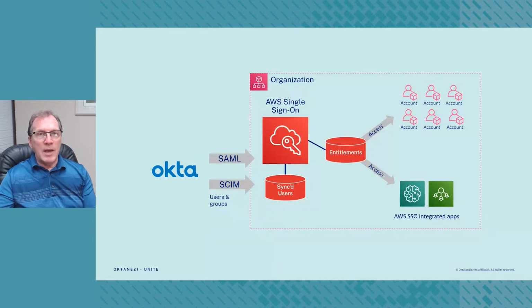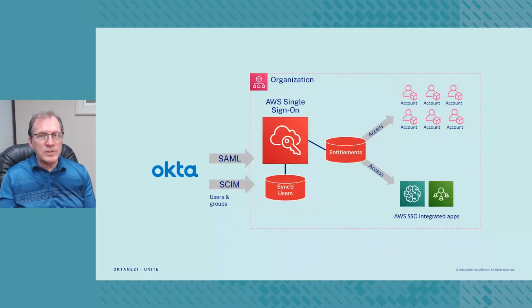For example, Amazon SageMaker Studio and Amazon Honeycode integrate with AWS SSO. And so the users of those applications can work with all the same exact groups and users that were brought in for account access without having to synchronize them separately into each application. And the Okta users have an Okta single sign-on experience to both the AWS accounts and to these applications.